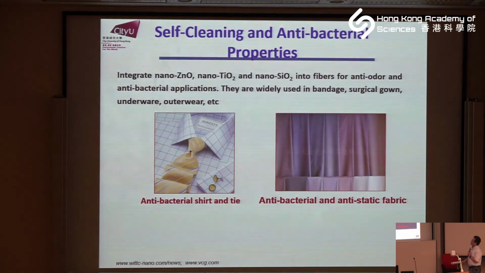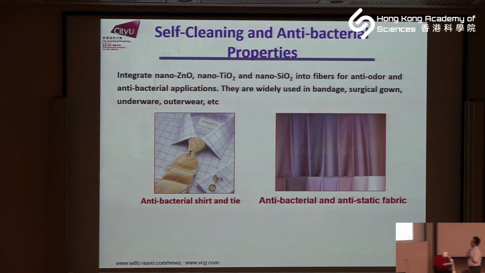Besides cleaning, another important application is anti-bacterial. Okay? For example, if we make the same oxides, titanium dioxide, silicon oxide, small enough down to the nanoscale, those are anti-bacterial agents. A lot of clothing or detergent right now tries to add in those nano compositions. By principle, those can actually help to clean the material.